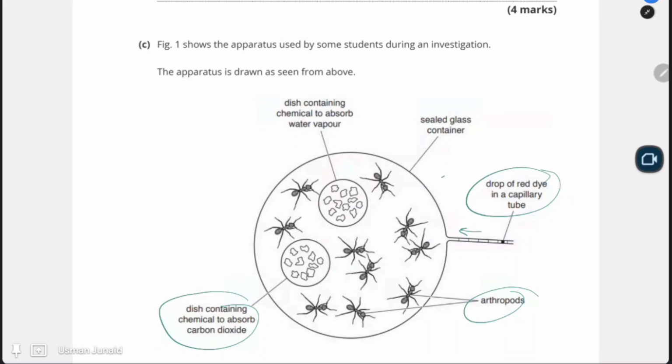So there is air inside here. And there is a dish containing chemical to absorb water vapor. So water vapor is being absorbed, and there is a dish containing a chemical that is absorbing carbon dioxide as well. So where is the carbon dioxide coming from?